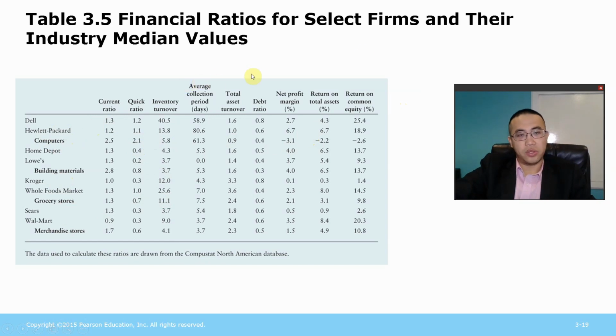These ratios are very different across different industries. As you can see, the inventory turnover ratio is quite large for these computer companies and retail companies, but not very large for the building materials and merchandise stores.